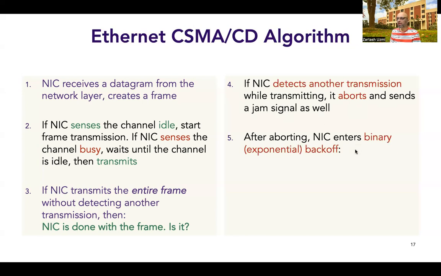But you do not retransmit that frame immediately, because if everyone does that, then the likelihood that there will be a collision again is very, very high. So what happens is that you need to wait, and you need to wait for a random amount of time. So three guys whose signals collide with each other, all three of them will wait, but they will not wait for an equal amount of time.